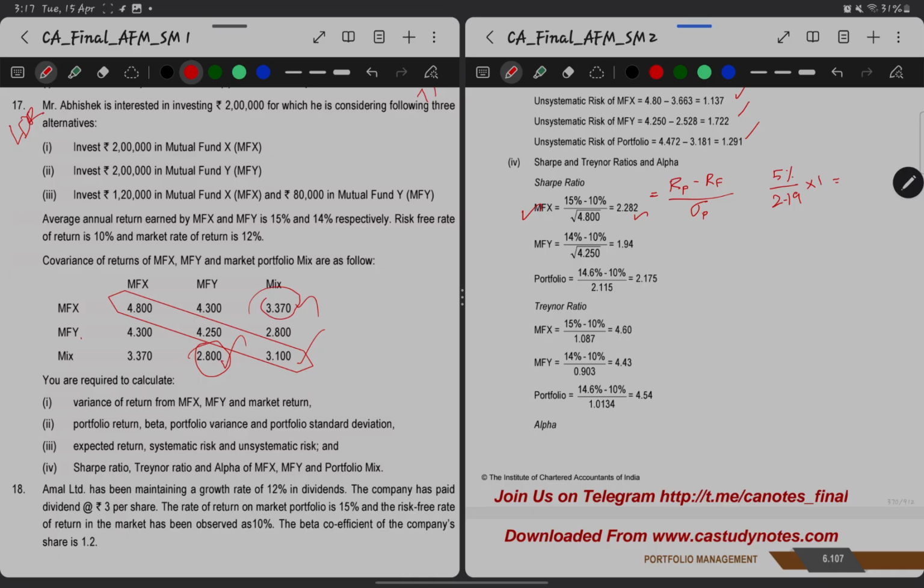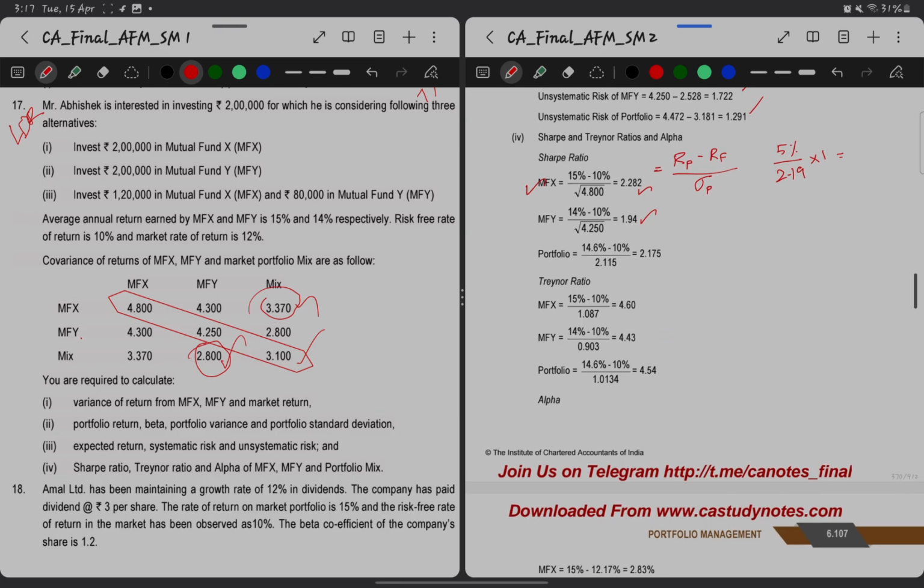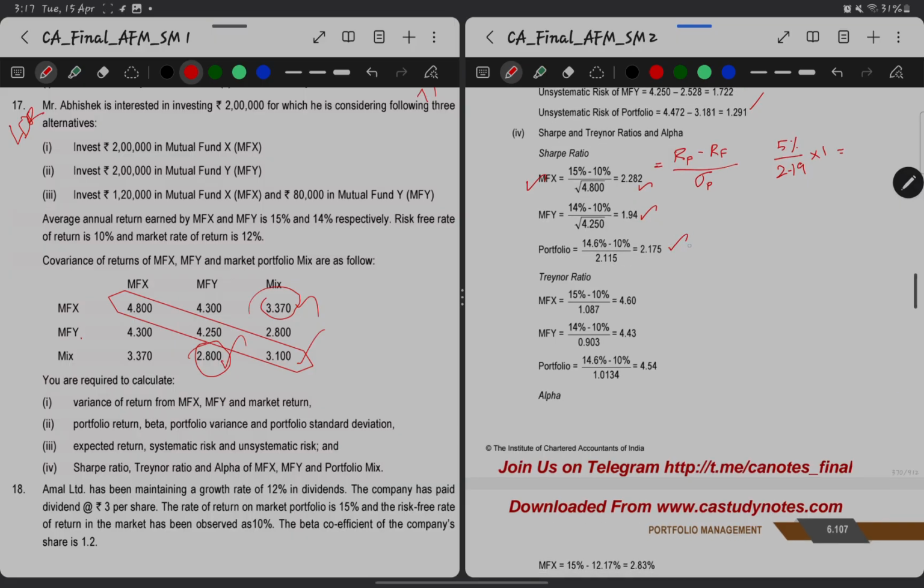So MFY is earning 1.94% extra for every 1 unit of risk. Now the portfolio return, same thing, we'll divide it by the portfolio risk, and then the excess we are earning is 4.6 divided by 2.15, which will give us 2.175.